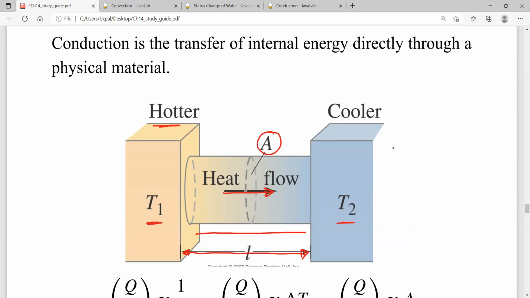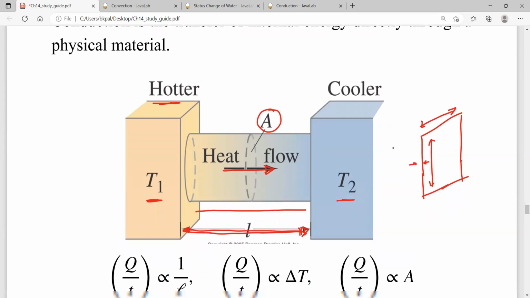The glass window will be something like this, so the length is this one and this is the width, and the thickness is how thick the window glass is. That's why I prefer to say thickness instead of length, so as not to confuse you when you solve a numerical problem.